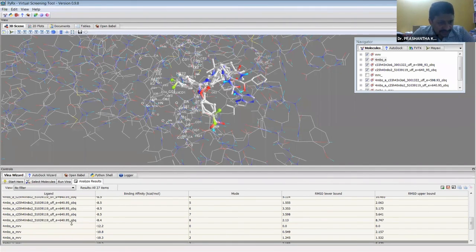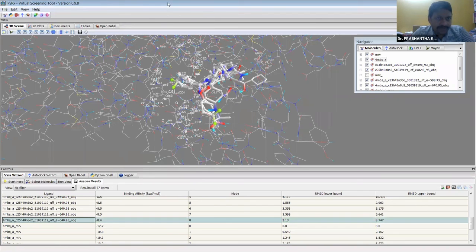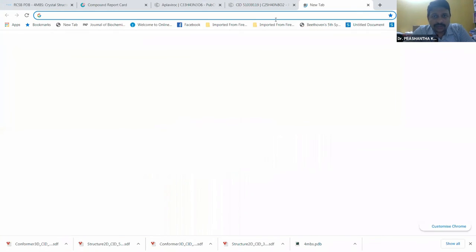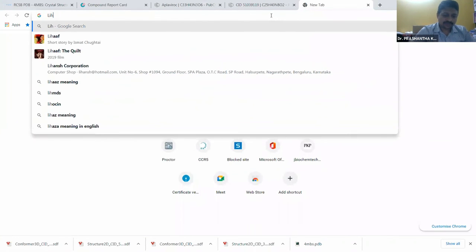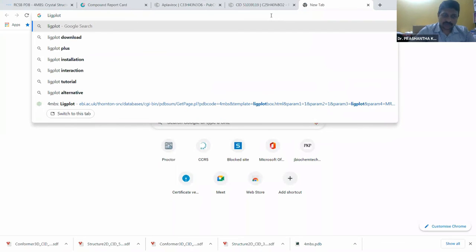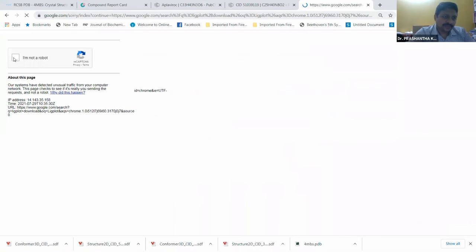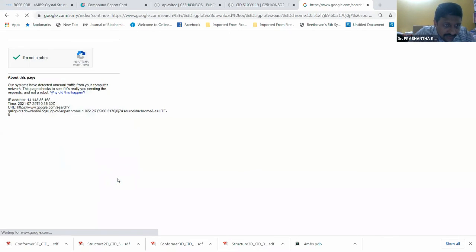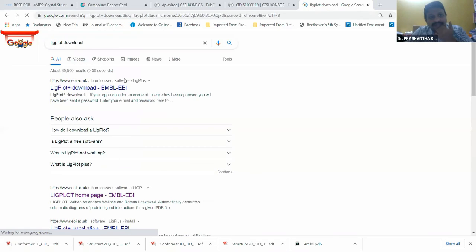Once we get these results, the use of this PyRx is over. So we will use the other two tools. One is our PyMol, and along with that, tomorrow we will use one more tool called LigPlot, where all these things come.